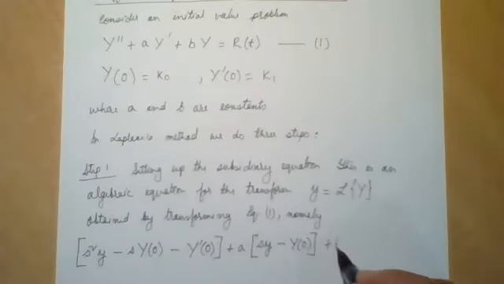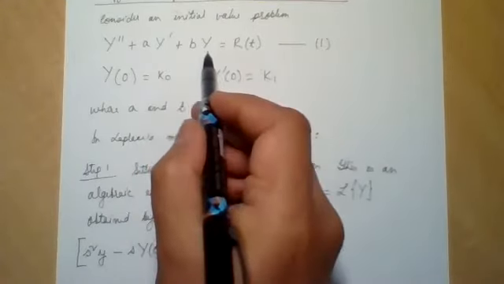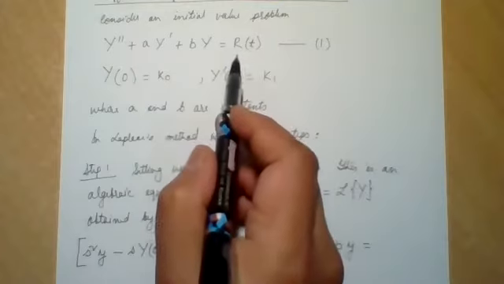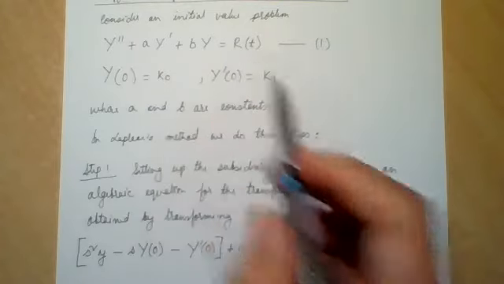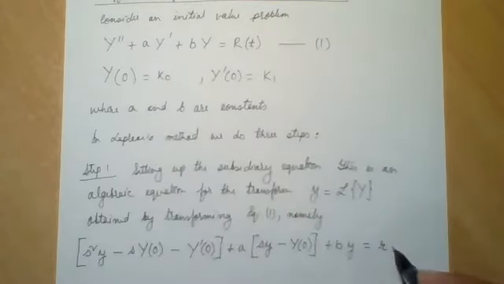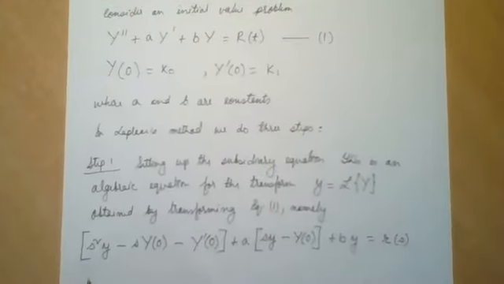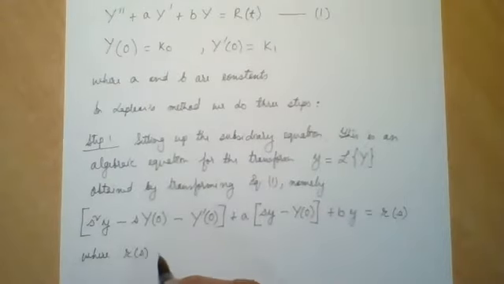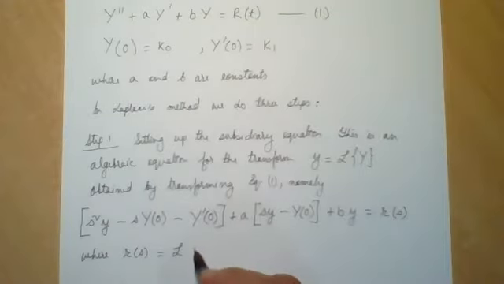Plus b times the Laplace transform of capital Y, which gives small y. This is equal to the Laplace transform of capital R, which gives small r, and small r is a function of s, where small r of s is the Laplace transform of capital R of t.